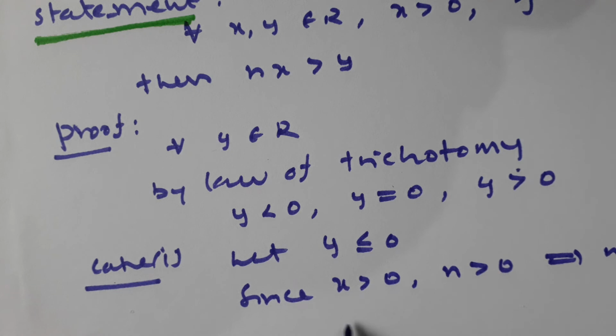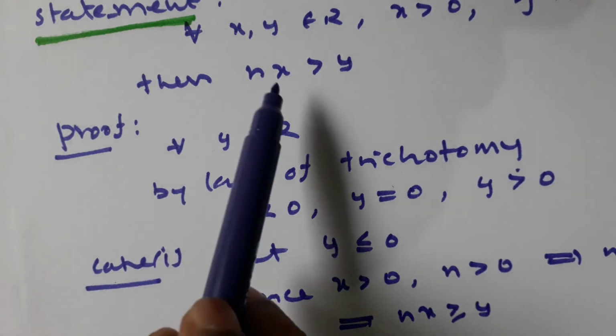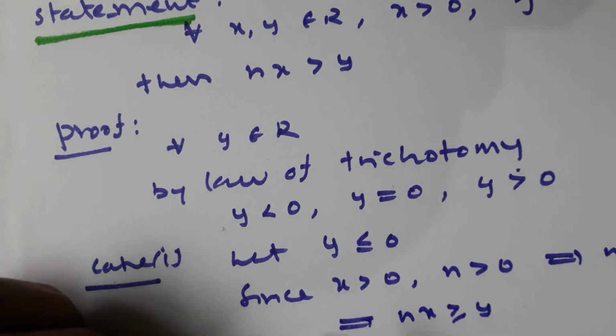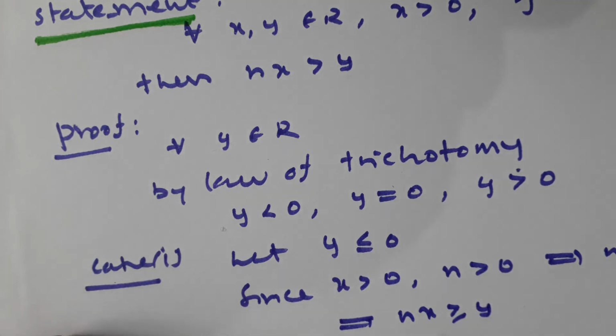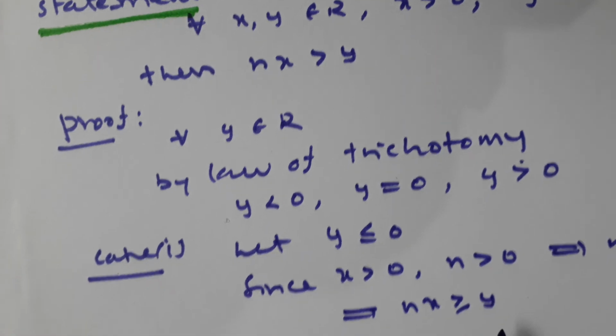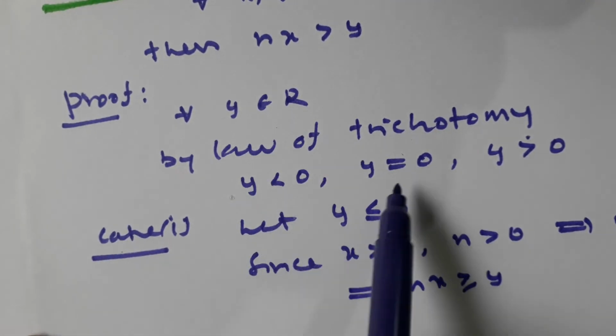This implies nx must be greater than or equal to y, as the statement is true for x equal to 1, n equal to 1, even y equal to 1. Otherwise always nx must be greater than y. So the theorem is true for these two conditions.